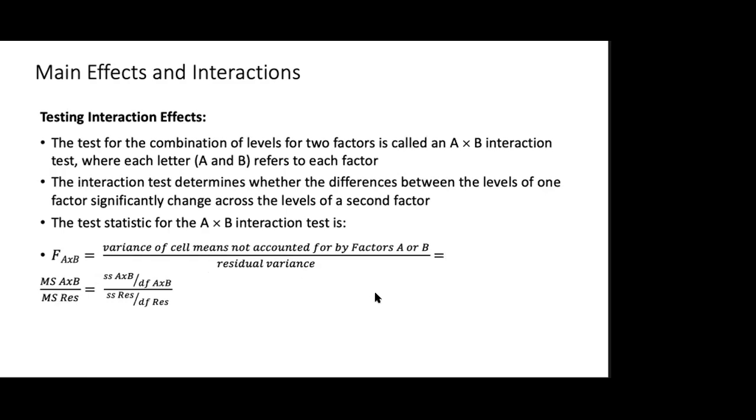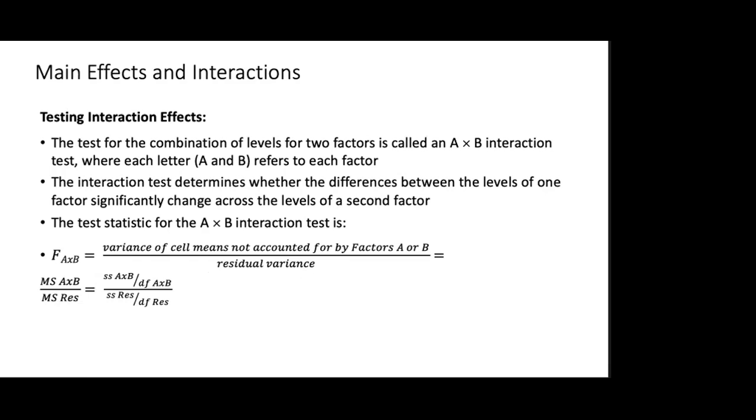If we have the model sum of squares, we just subtract the sum of squares for factor A and for factor B, and whatever is left over is our sum of squares for the interaction term.